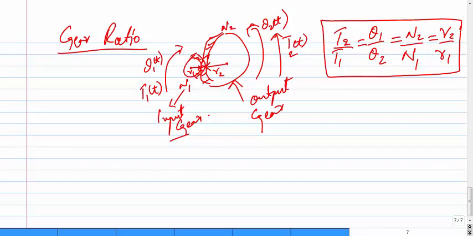Now let's do a very quick example so that we can understand. Now assume that there's something like this.